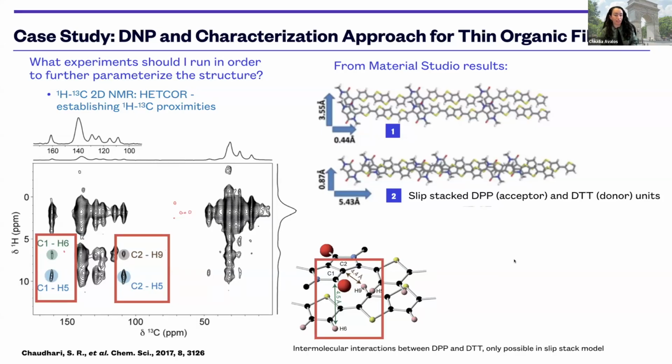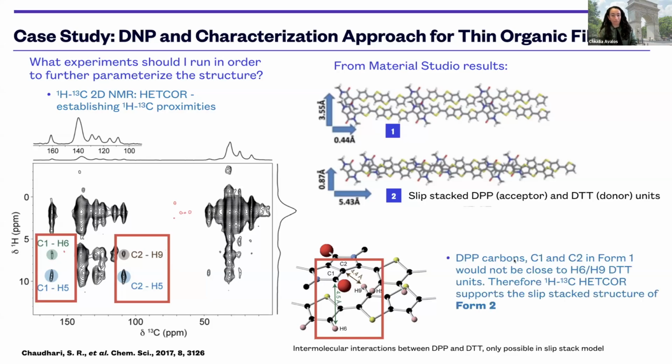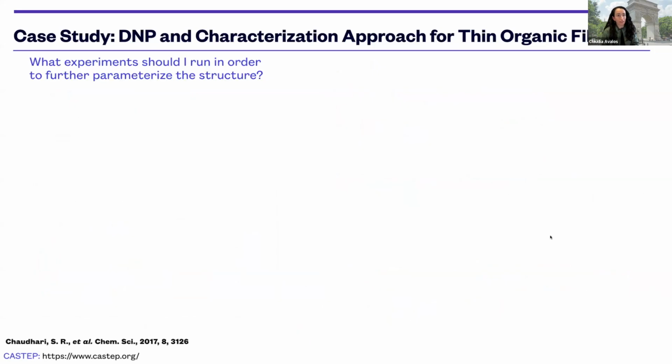There are intermolecular interactions between DPP and DTT that, given the range of interaction you would expect, are only possible in a slip stack model. The DPP carbons and C1 and C2 in form 1 wouldn't be close enough to support this result, so you have evidence that this particular structure is the dominant one.